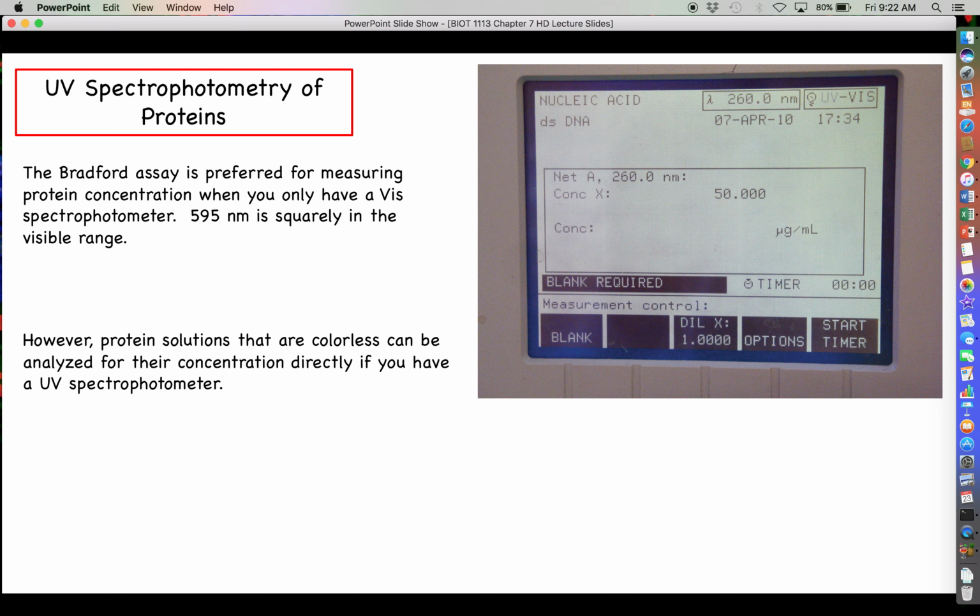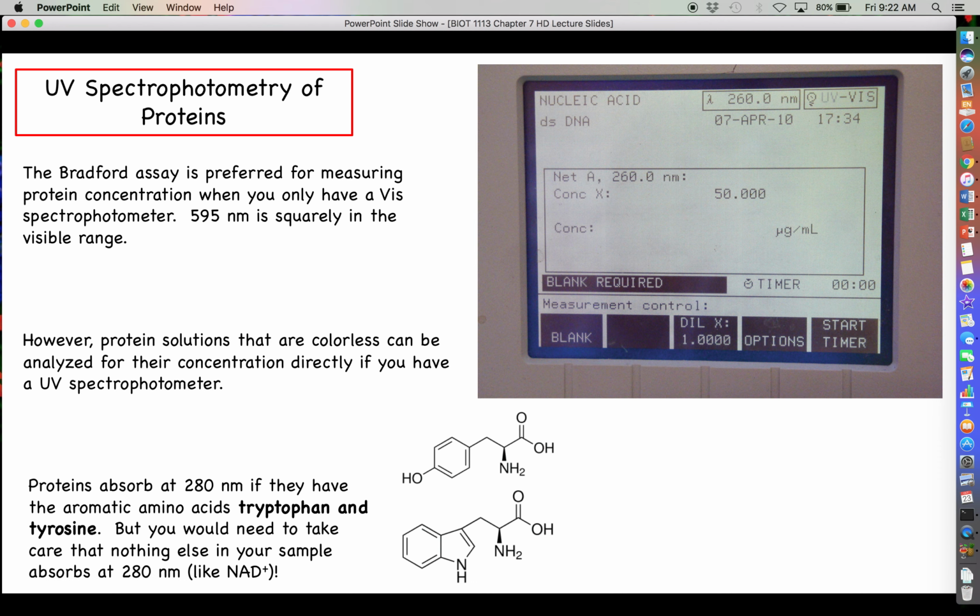And that is that even a colorless protein solution will absorb UV radiation, specifically at 280 nanometers. And this is all due to two particular amino acid side chains, those of tryptophan and tyrosine, which are pictured here. So if you look at the side chains for each of these, you'll notice they each have an aromatic ring, which is this kind of hexagon-looking shape that has alternating double bonds.